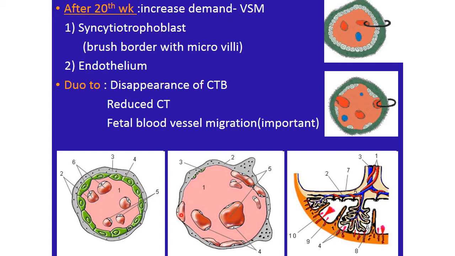Now any substance which has to pass from the fetal blood to the maternal blood, or from the maternal blood to the fetal blood, has to pass only through the syncytiotrophoblast layer and the wall of the fetal blood vessels, the endothelium. So now the placental barrier is composed of the syncytiotrophoblast with brush border and lots of microvilli, and the endothelium of the fetal blood vessels present in the core of the villi.